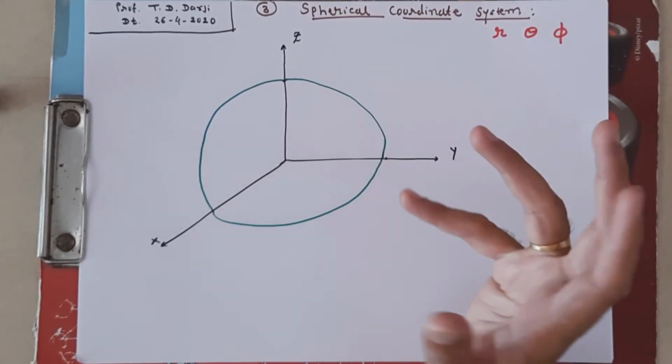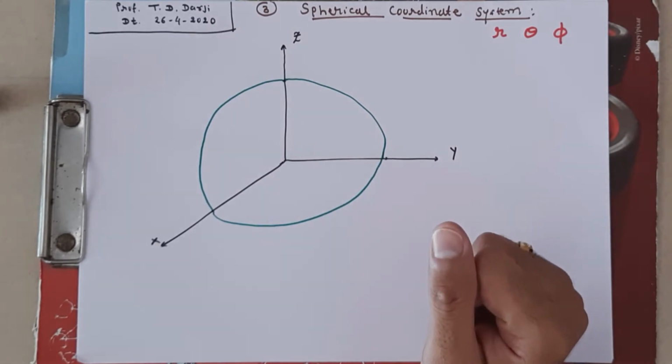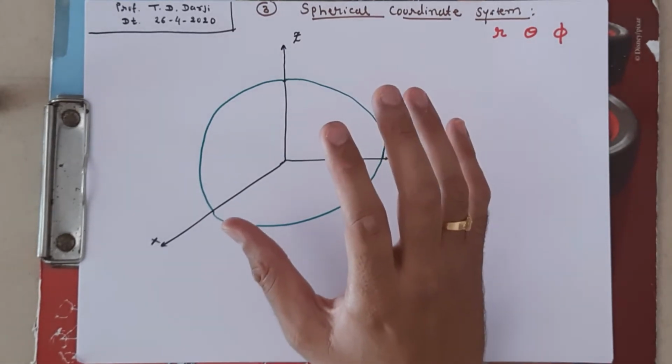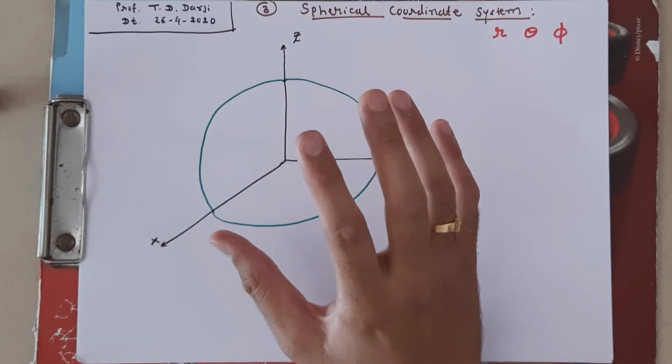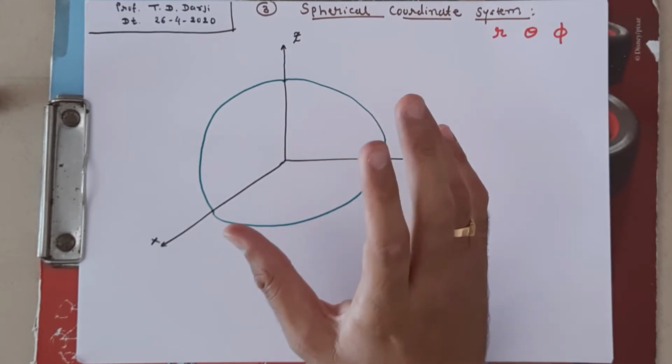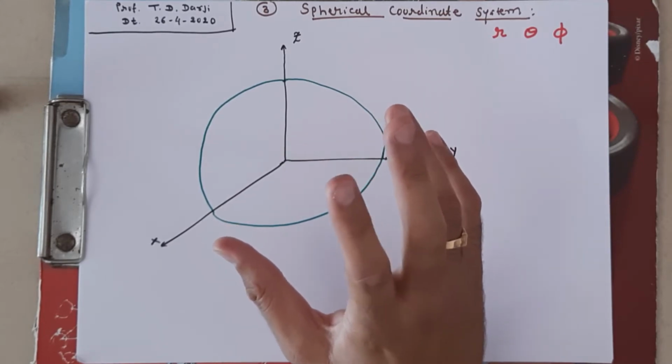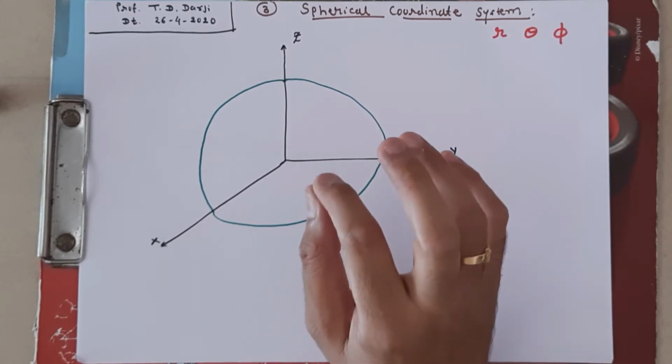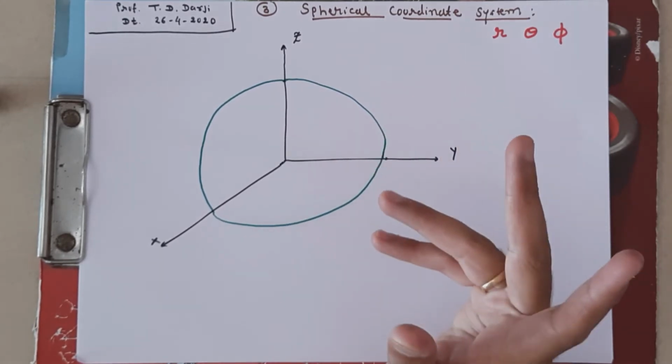You can take the example of the earth. Suppose you measure the distance of any country with respect to the center of the earth, it remains the same.